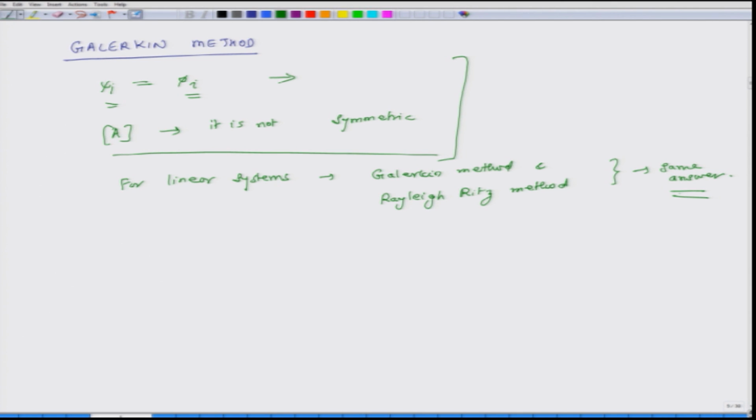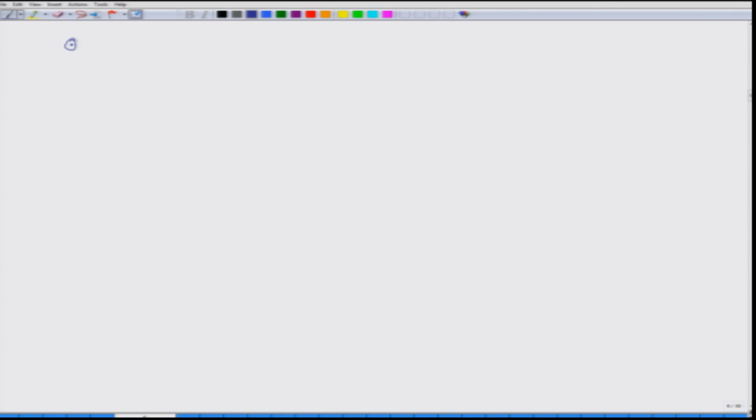So we have looked at Petrov-Galerkin first and Galerkin second. The third method is called the method of least squares. What do we do here?